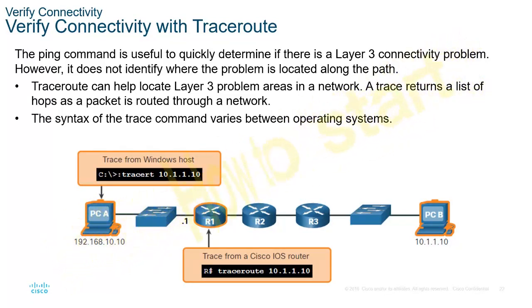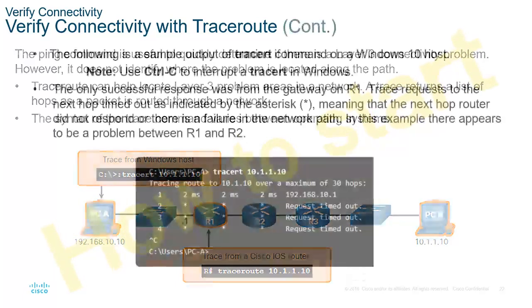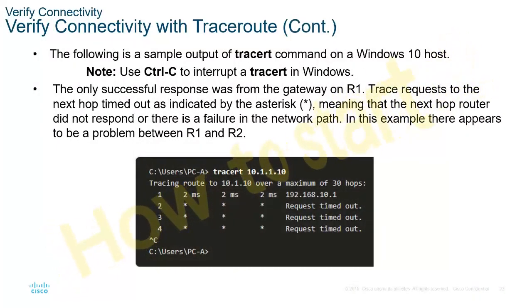Again, all of this helps verify connectivity. We talked about traceroute being a hop-by-hop response and how traceroute increases its TTL based on how many hops it has. If we are doing a traceroute and we want to terminate it, we can do Control-C, and that would interrupt the traceroute.